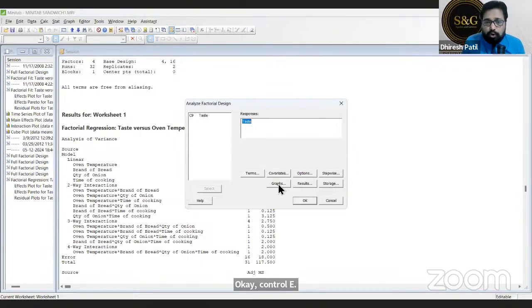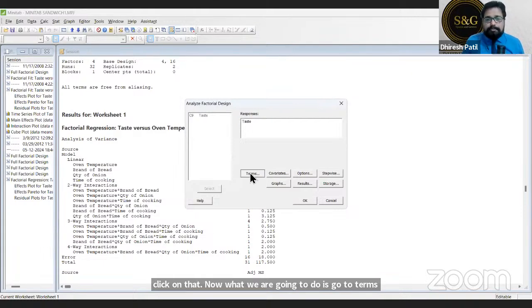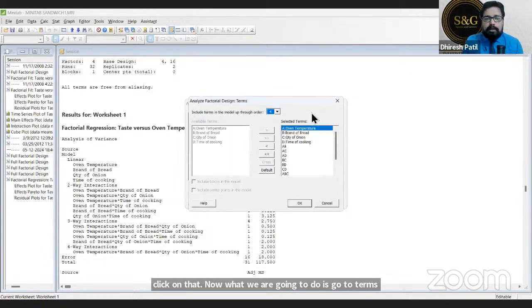Now what we are going to do is go to terms. Go to terms. Now observe this. Everybody with me till now? Just type yes in the chat box.